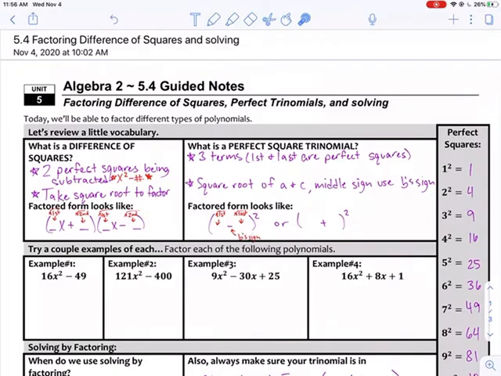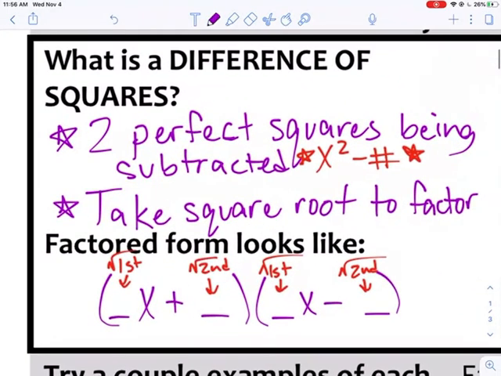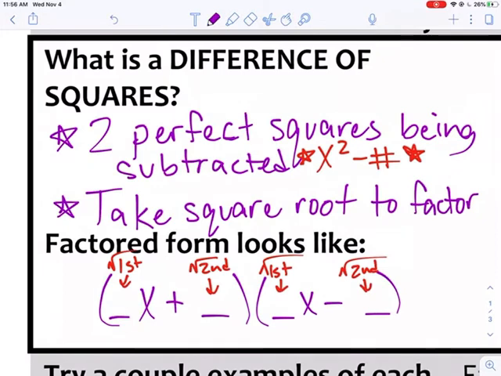And let's jump in. So the first special form of factoring, which I know you guys have seen before, is called the difference of squares. And what that is, is two perfect squares that are being subtracted. So it's going to look like this: some kind of a perfect square, x squared, minus another perfect square.